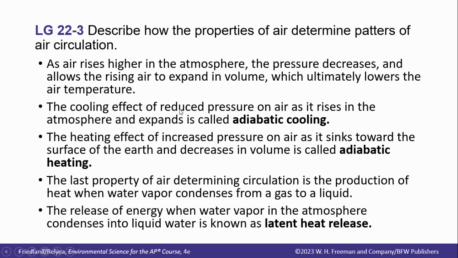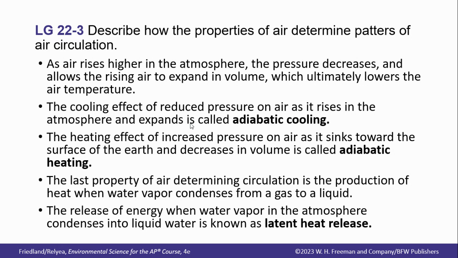So the cooling effect reduces the pressure on the air as it rises, and this causes it to expand, which means whenever it expands, that energy is dissipated, so that air is going to cool and start to fall back. The heating effect, the increased air pressure as it sinks towards the surface of the earth, is a decrease in volume, so all the energy is coming back together, and that's making it warm up.